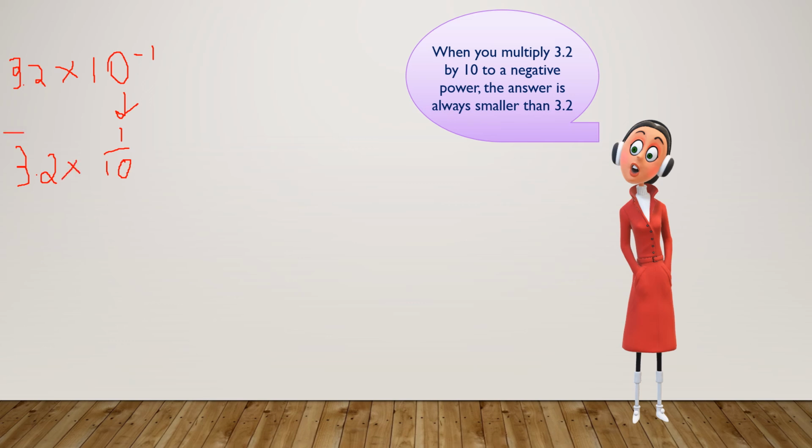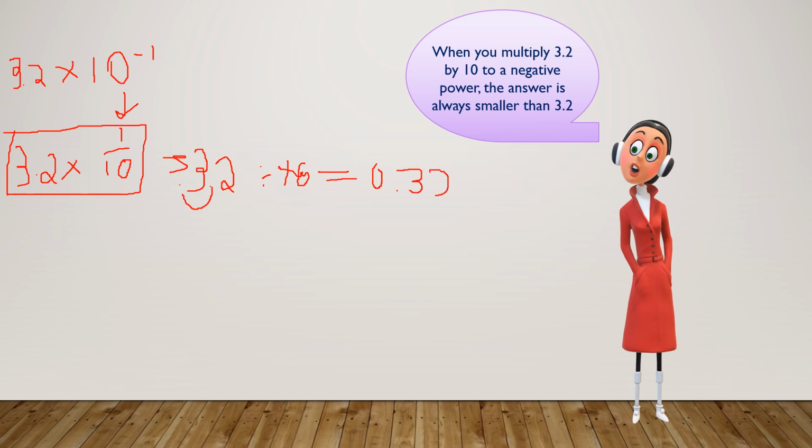So this is the same as 3.2 divided by 10, which gives us a smaller number than 3.2, 0.32. So Laura in this case is correct.